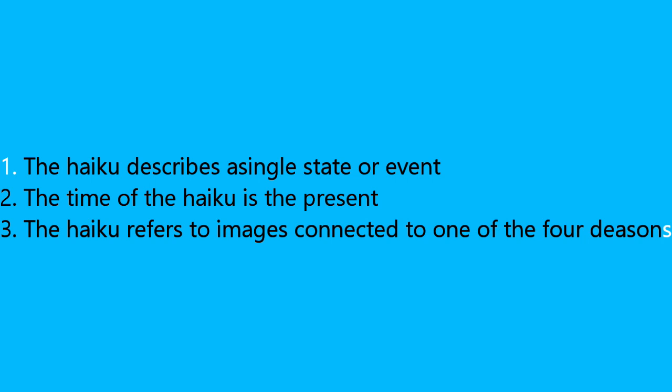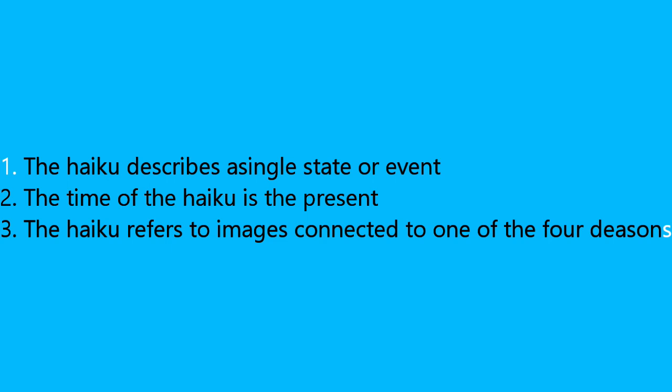So during the 16th century, the conventions were kind of like universal and accepted, and there's like three of them. One is the haiku describes a single state or an event. Number two would be the time of the haiku is the present, so it's the now.